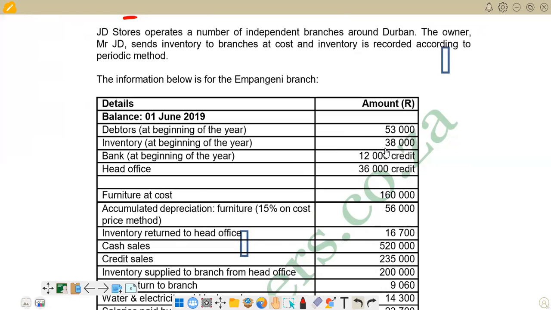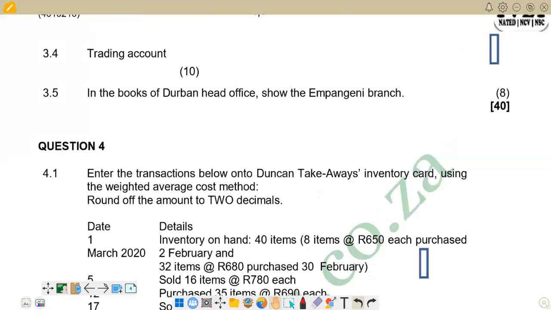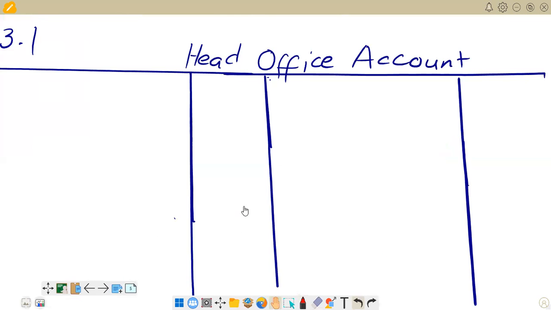So this one we are going to adjust in the trading account as our opening inventory. Remember, it will go to the debit side as our opening inventory. If you go down, you see that we've got a trading account. So we can go to the trading account and put that one on the debit side.